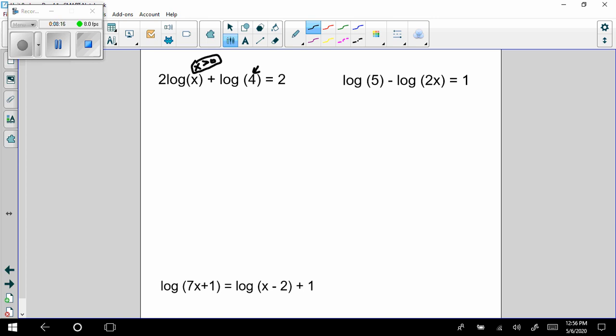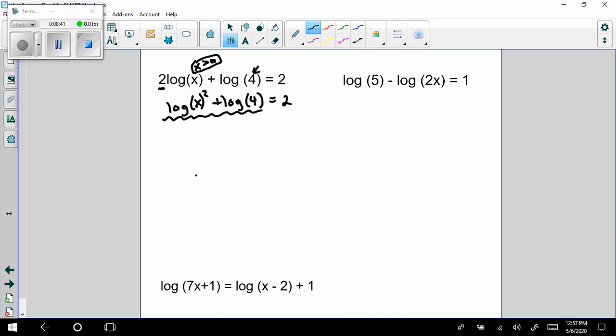Okay, so the first thing I see is this constant sitting in front of this logarithm, so I need to bring it back to an exponent. I need to condense this side to a single logarithm before I change to exponential.